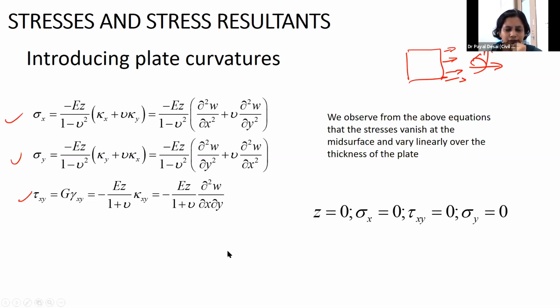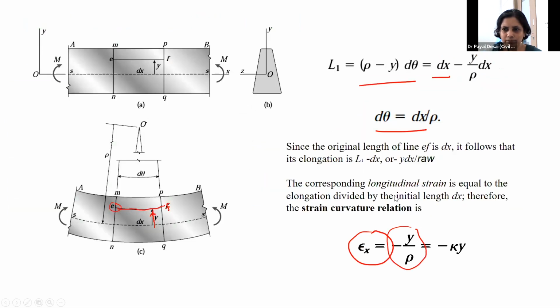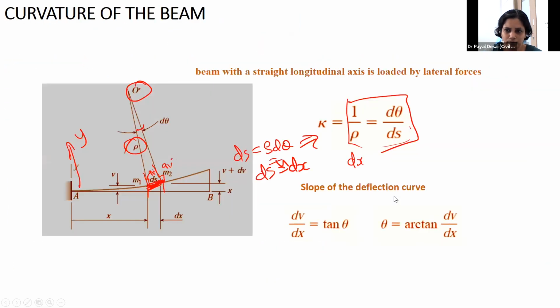And here you may see we have already got this. Let me give you the development of this equation. Sigma x is Hooke's law, but for epsilon x, epsilon y and gamma xy, I will simply substitute from this equation into Hooke's law.